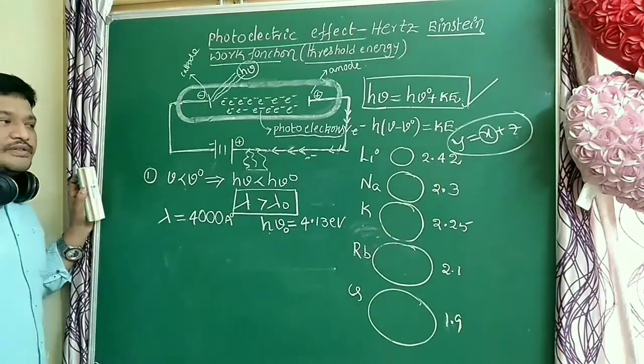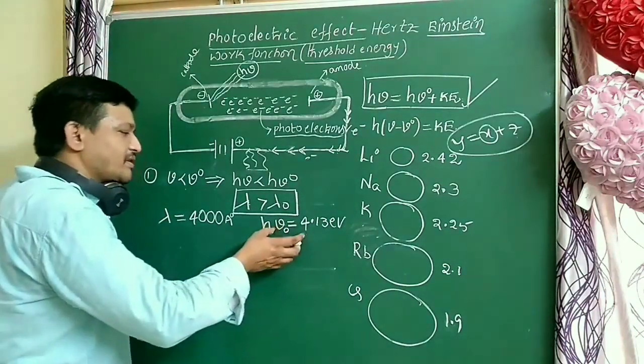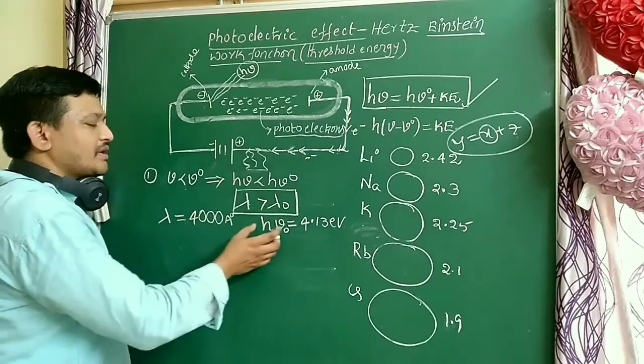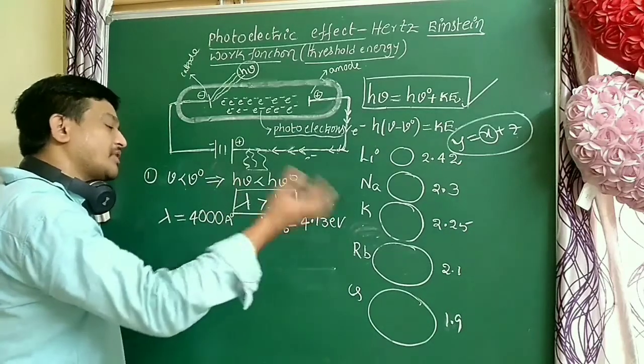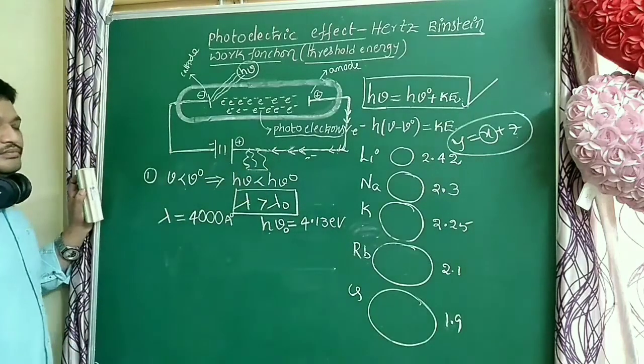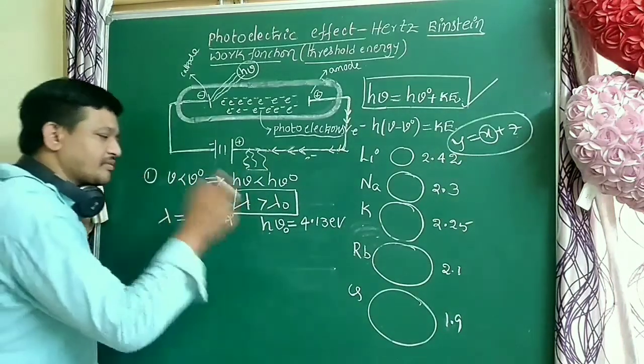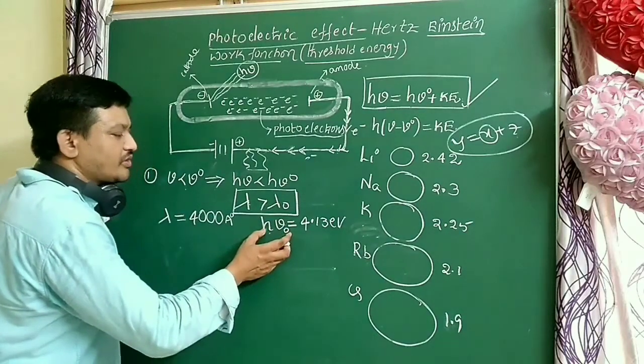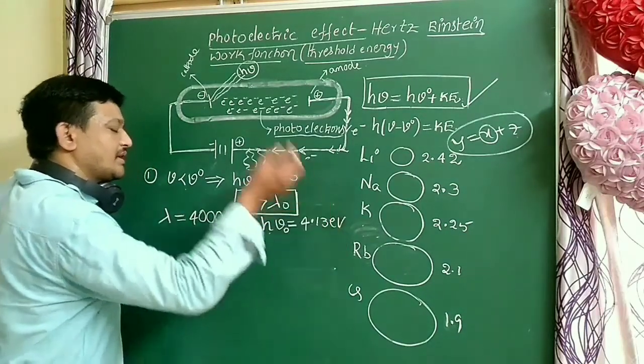What is that, students? Here the threshold energy is given. For one of the metals, whatever it may be, the fixed threshold energy is h mu naught equal to 4.13 electron volts.